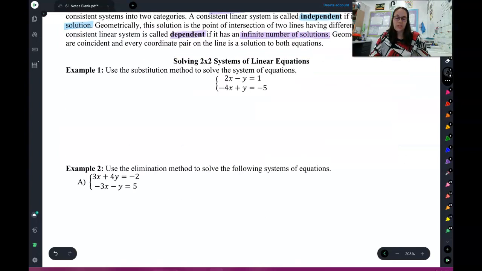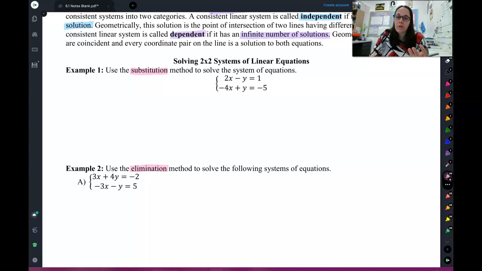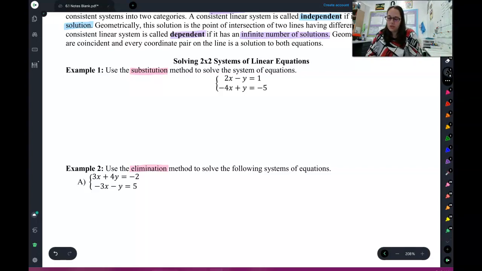Now, let's actually dive into starting to solve these. There are two main methods that you've learned in the past for solving these equations: substitution and elimination. These two methods should be reviewed, like I said. If not, that's okay, but hopefully as we go through this, it rings some bells at least. So let's talk about what substitution is.